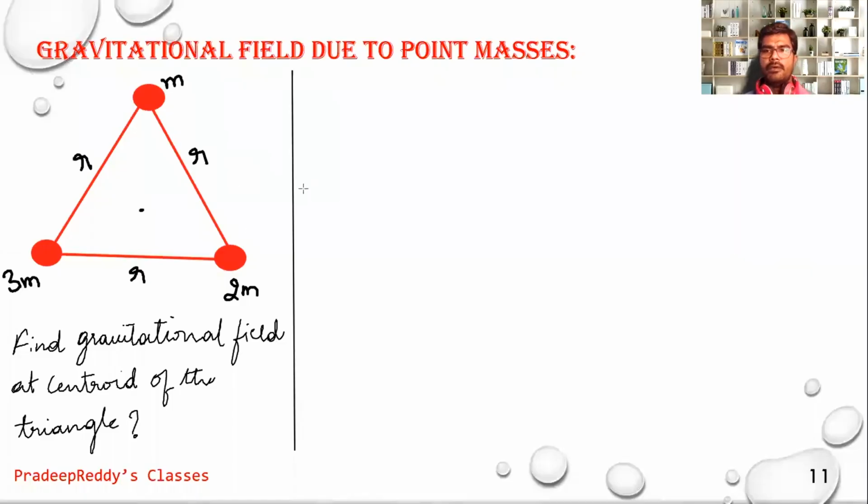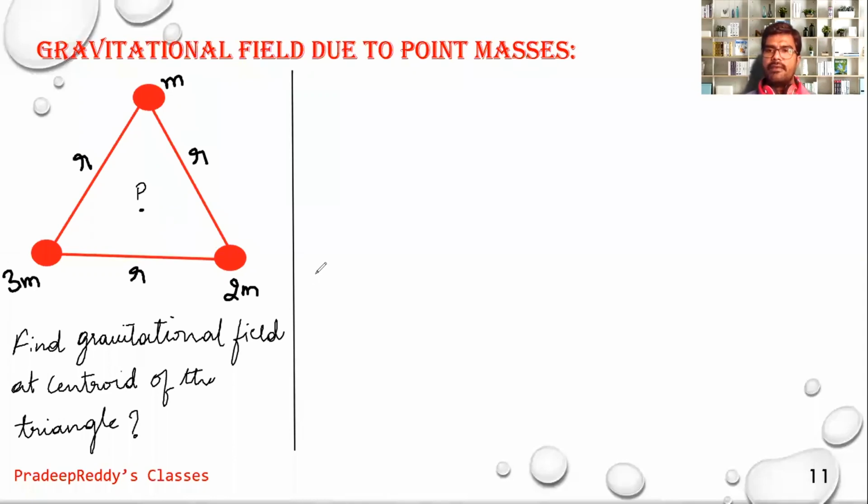I now want to find the gravitational field due to 3 point masses placed at the vertices of a triangle. You have a triangle, and that triangle has 3 masses at the vertices, m, 2m and 3m, and there is the centroid at this point, and at the centroid point P I want to find the gravitational field.